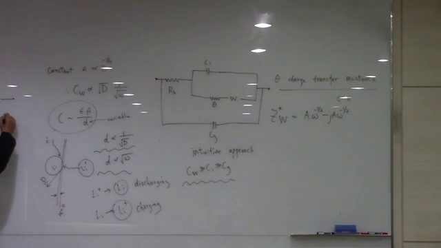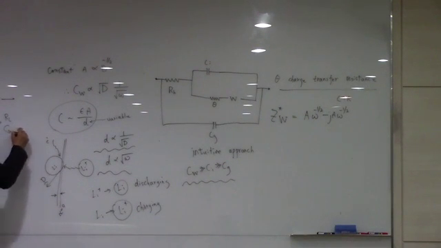And here, the Warburg impedance consists of two terms. It consists of RL, okay, and then the Warburg capacitance. And here the Warburg capacitance is going to be infinity again.